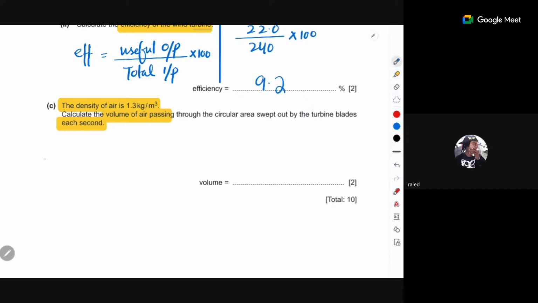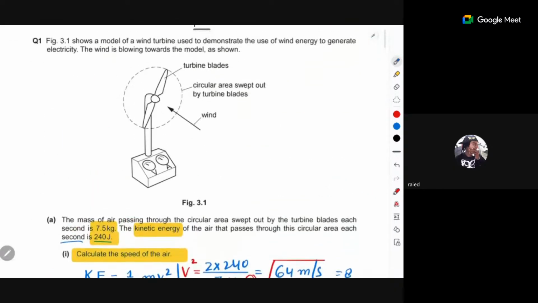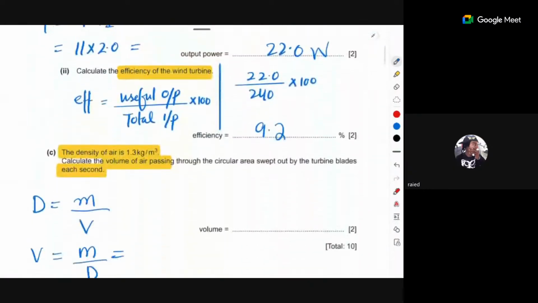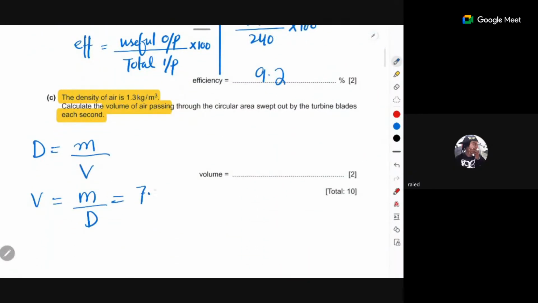You know what density is: density is equal to mass upon volume, and here volume will be equal to mass divided by density. So mass is how much? We have calculated the mass. Sorry, it was 7.5 kg. And what about the density? Density is 1.3.